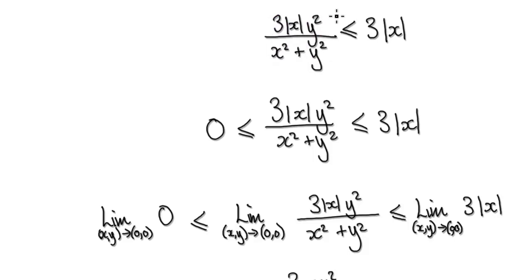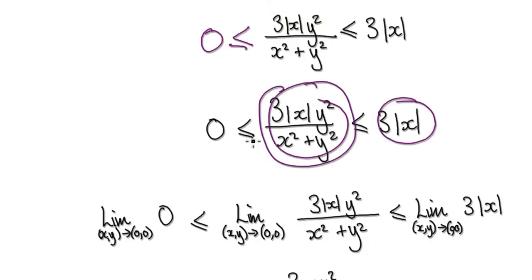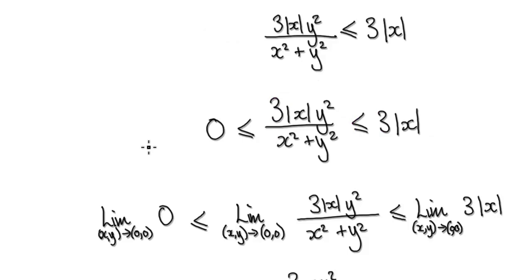So we can definitely be sure that this block here will always be greater or equal to 0. So now we've trapped this thing in between two things. So now take the limit of everything as x and y heads towards the origin. So take the limit of this, take the limit of this, take the limit of this. That will then take us to here.